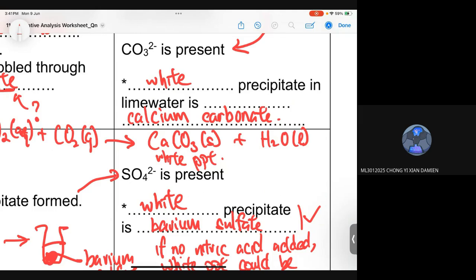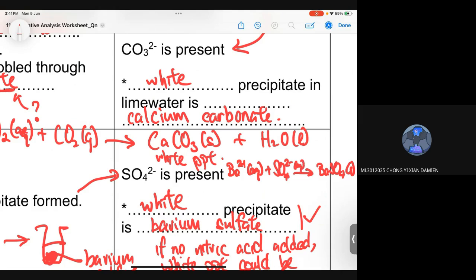Now I just want to look at this small part over here, I'm going to write down what's actually happening. When you have the barium sulfate forming, the solid is formed because you've got barium from the barium nitrate reacting with the sulfate from the unknown.